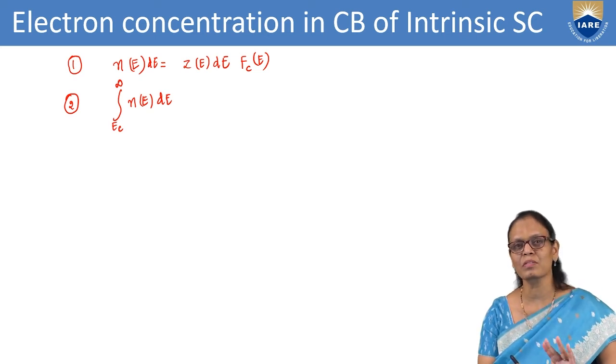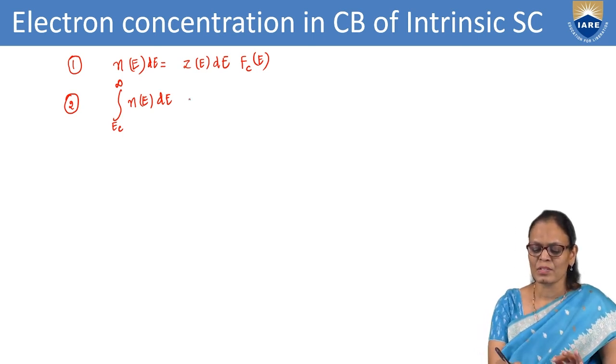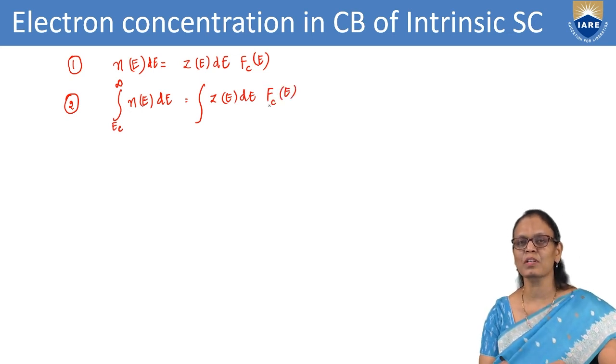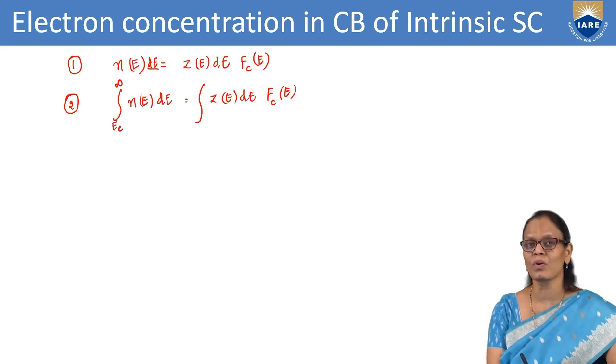You need to understand how we are splitting, and we are writing it from EC to infinity. So again this gives us Z(E) dE into FC(E). First we have taken a small region dE, and then we have extended it to the whole by integrating between the limits EC to infinity.